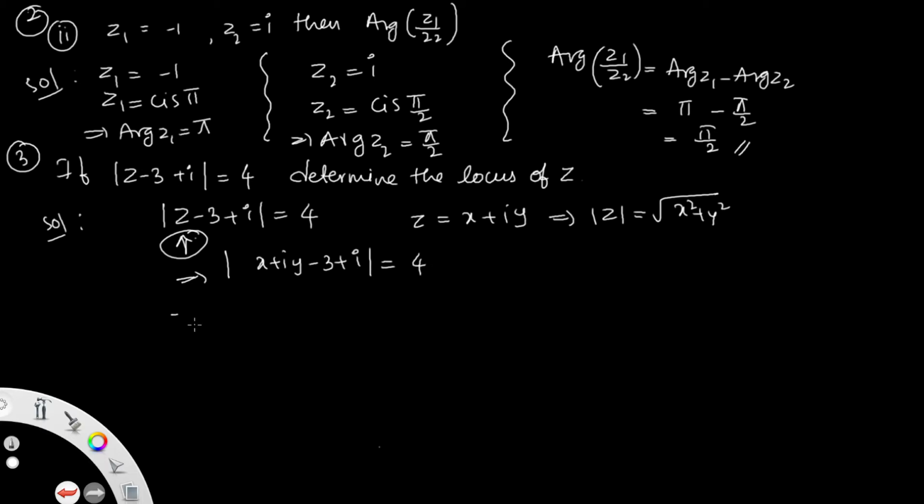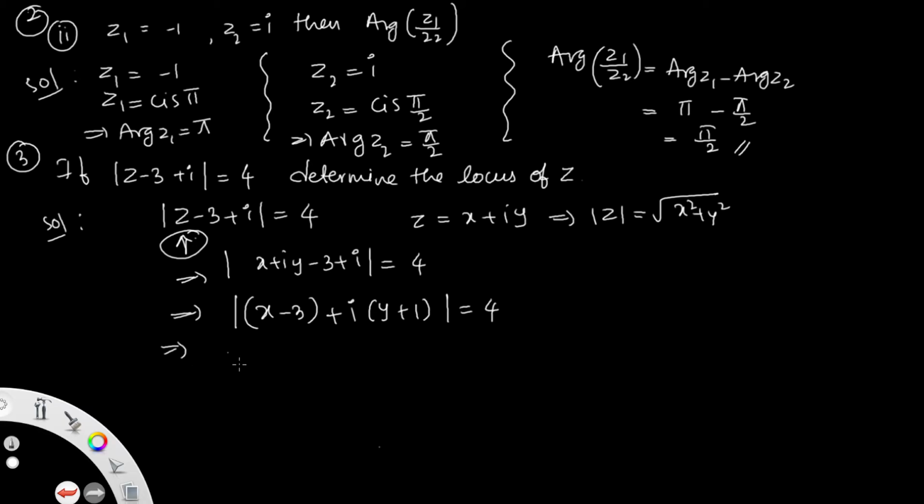Take the real parts separate and imaginary parts separate. Without i, the real part is x minus 3, plus i into y plus 1. From this, i is common, the modulus of i into y plus 1 equals 4. It is in the form of modulus, that is nothing but root over real part square plus imaginary part square.